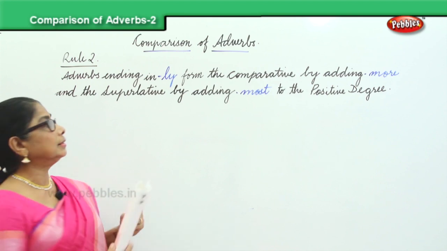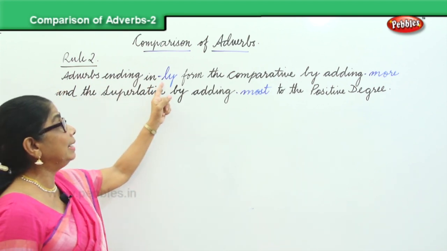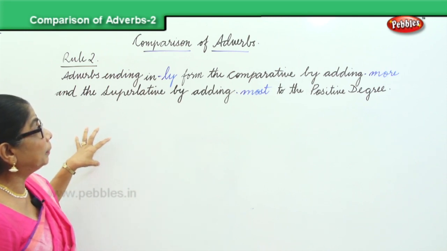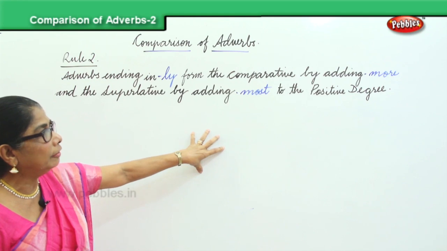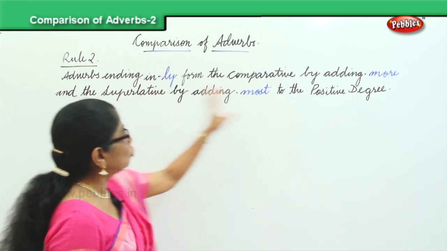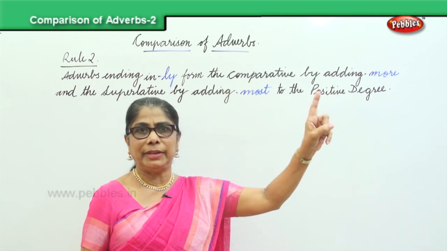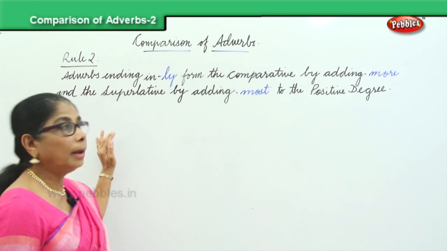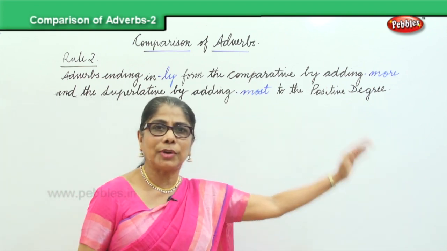We are looking at the second rule. The second rule says adverbs ending in ly, the positive degree, form the comparative by adding more, and we form the superlative by adding most to the positive degree. So you will get more whatever, most whatever.